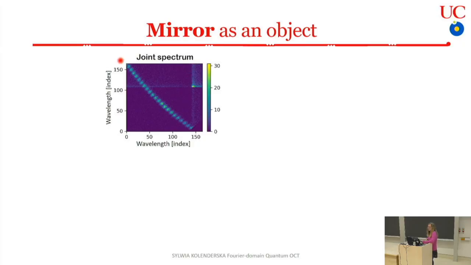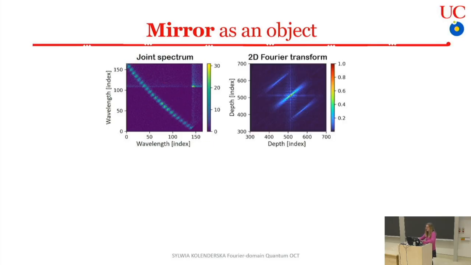Also, the joint spectrum itself is bent a little. This is due to the dispersion of the fiber spools. So on one hand, fiber spools enable us to see the joint spectrum, but also they introduce these effects that need to be mitigated.